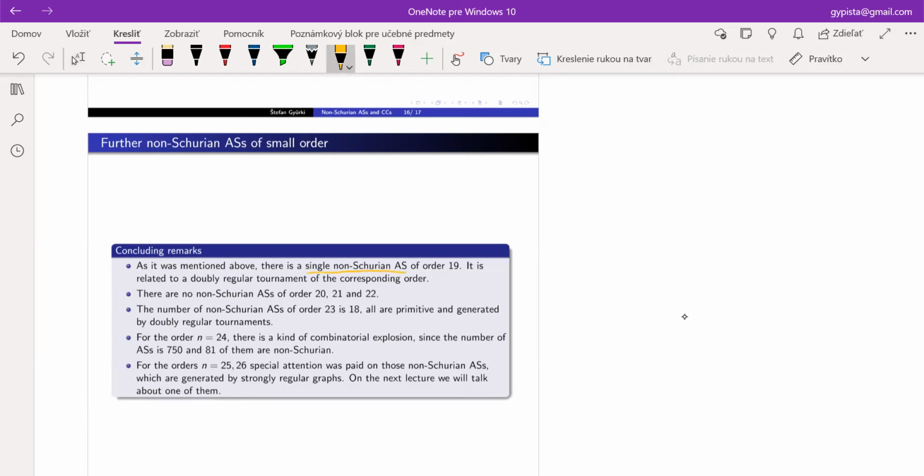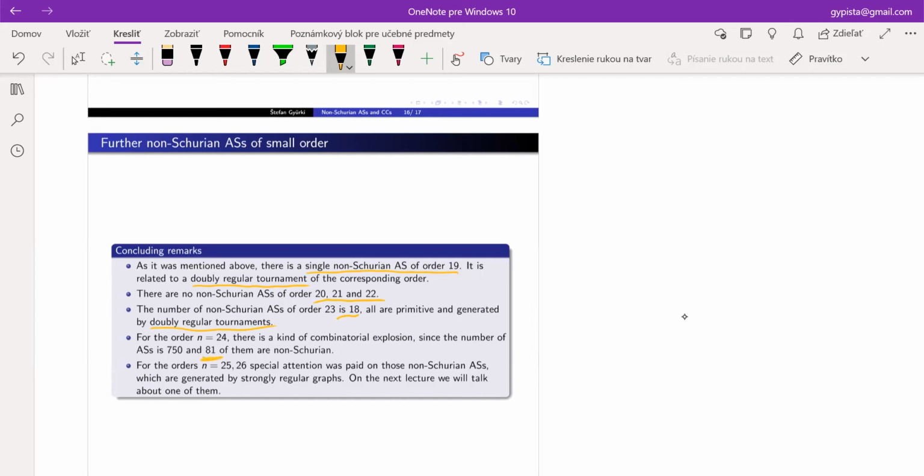There is a single one of order 19, and it is also related to a doubly regular tournament on 19 points. After that, there are no non-Schurian association schemes of order 20, 21, and 22. On order 23, there are 18 of them, and all of them are primitive and generated, again, by doubly regular tournaments.